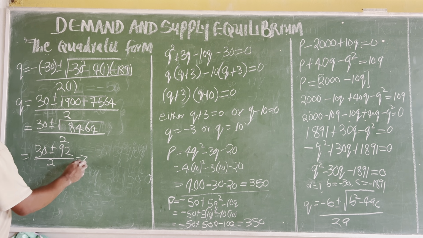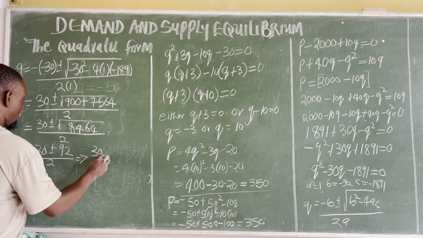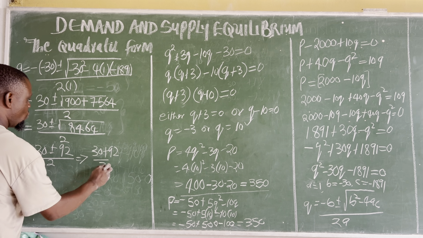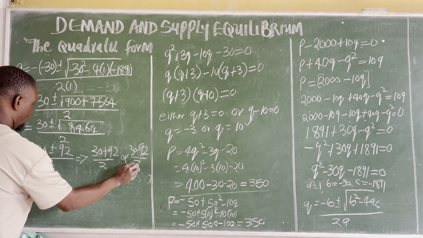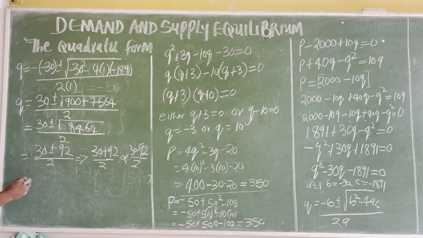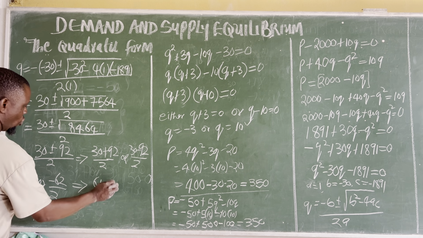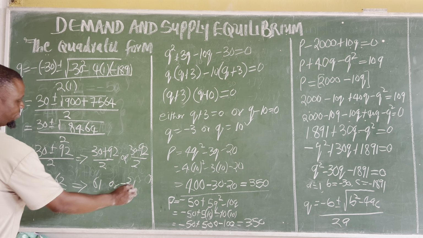This implies that we have 30 plus 92 over 2, or 30 minus 92 all over 2. 30 plus 92 will be 122 all over 2, or 30 minus 92 will be minus 62 all over 2. And this will imply 61, or minus 31.